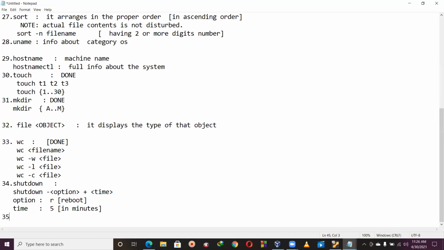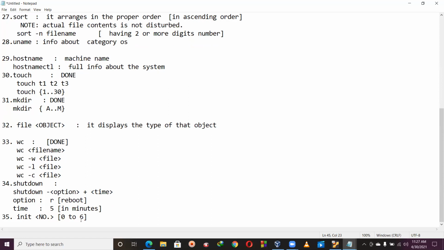Next one, 35. Again, I think you know about this one. Init. And which number here? Number is 0 to 6. What is 0, 1, 2, 3, 4?